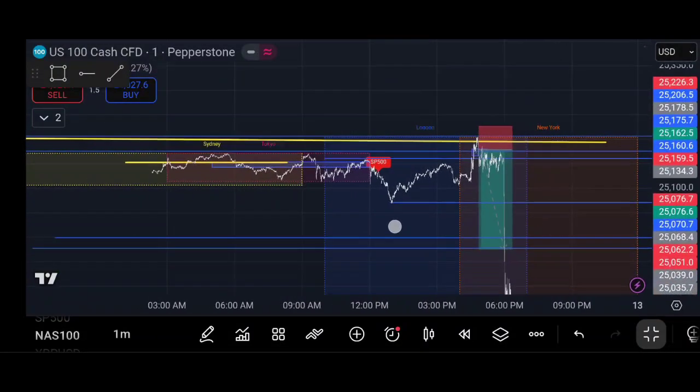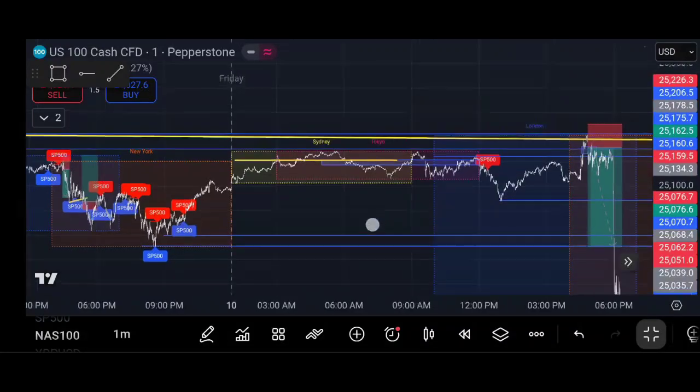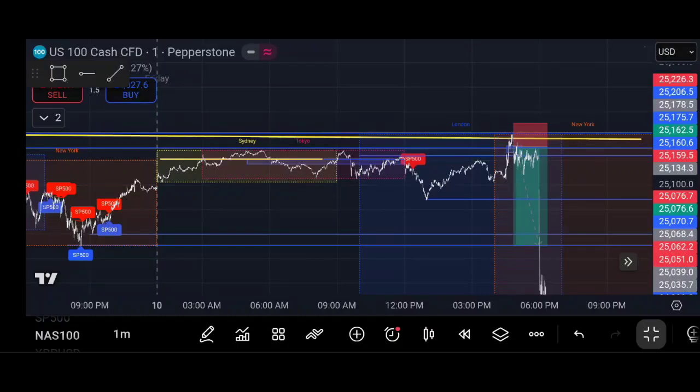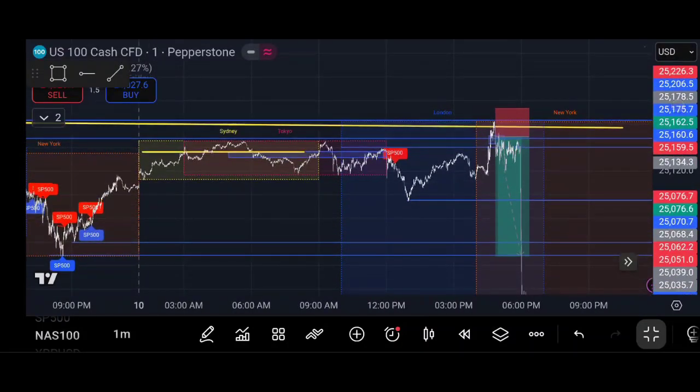These two lines which I drew are based on yesterday's New York highs. We don't need to keep any fantasy TPs, because at the end of the day what I need to see is that I close in green.